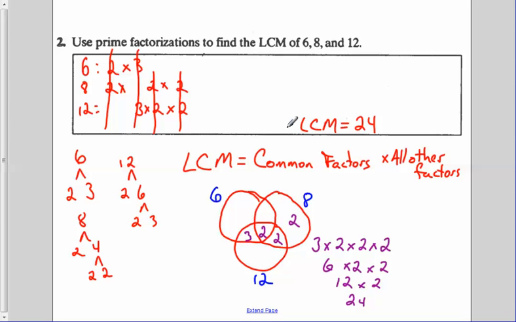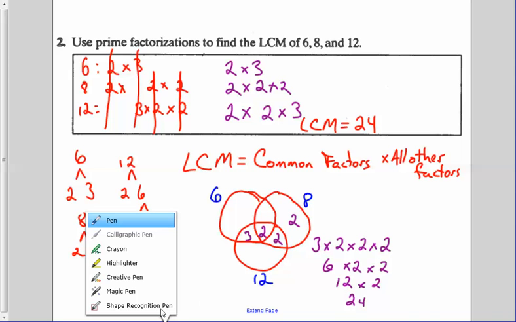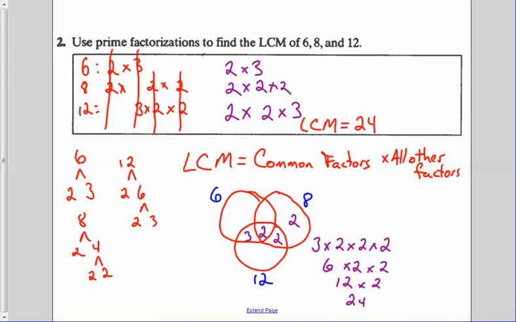Either method would work, and to better show you how these line up, we have 6 as 2 times 3, and 8 has 2 times 2 times 2, and 12 has 2 times 2 times 3. So what they share in common, we see that they all share these 2's, so that's what this 2 is for. And then the 6 and the 8 don't share any other numbers.